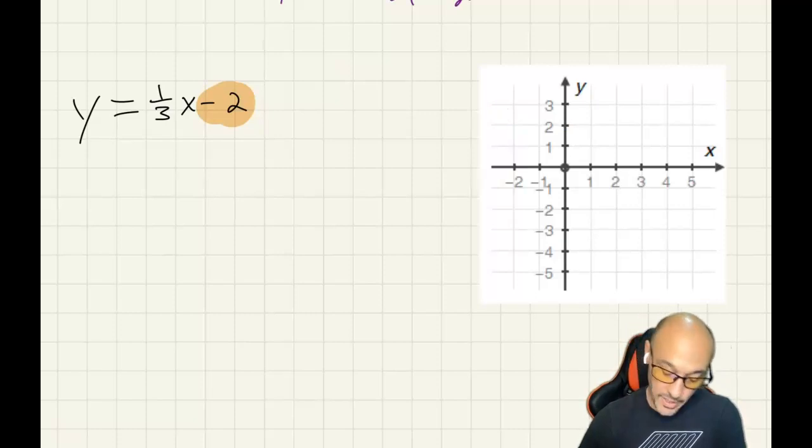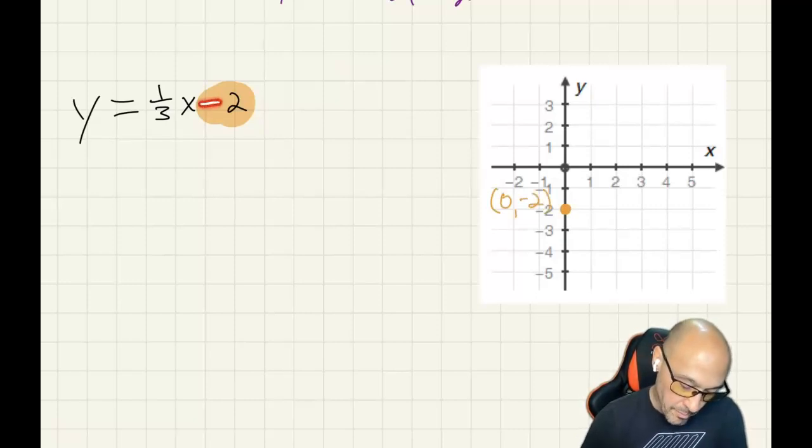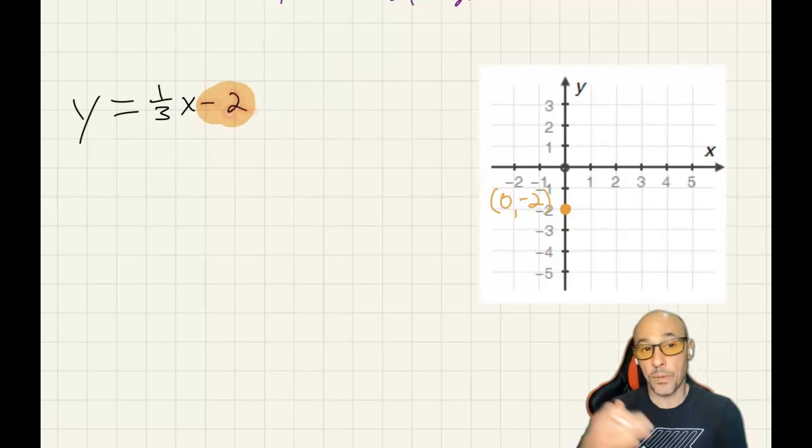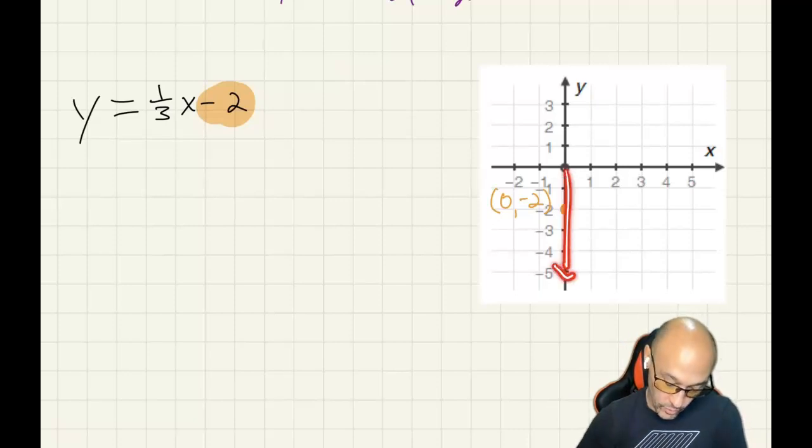That's not right. It's going to be (0, -2). And that's actually a good thing to remember: when the b is minus something, then our y-intercept will be negative, that is, below the x-axis.